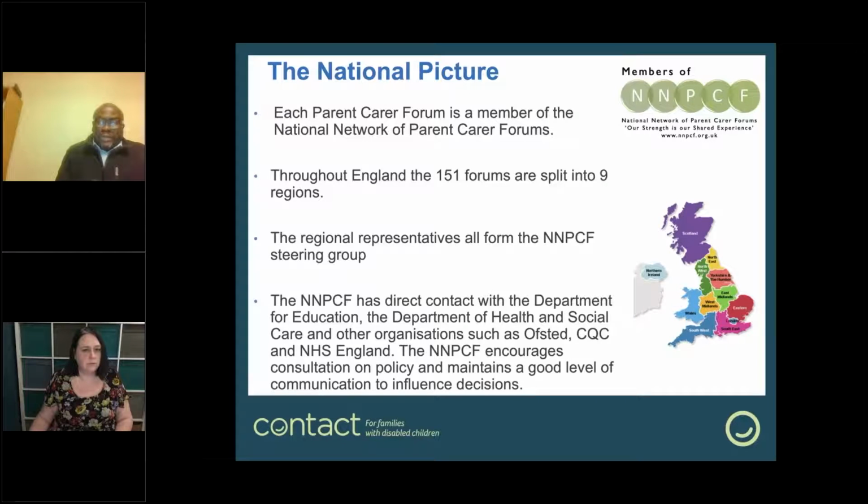Our information is disseminated through these channels, and you can have individual support when you need it, not only from Contact, but also from NNPCF. And we speak into Ofsted, we speak into NHS England on a local level, national level, and regional level. We speak to all these branches of authority as an individual first, then as a forum, and then region and national.